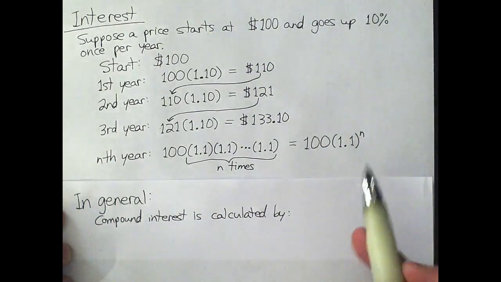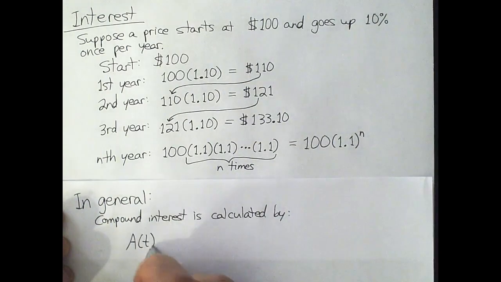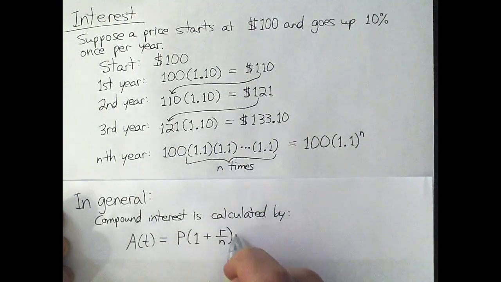it's going to be a formula that is related to what we just did, but it's going to look a little more complicated because we want it to cover other circumstances. So we're going to write the formula, and then I'll tell you what all these letters mean. A of t equals capital P times 1 plus r over n raised to the nt.